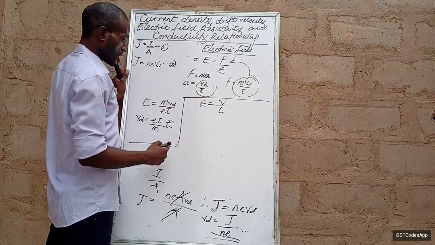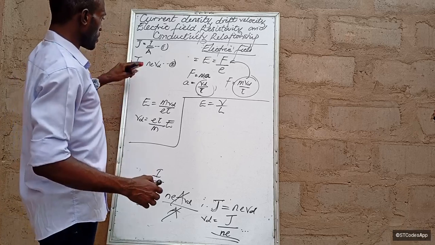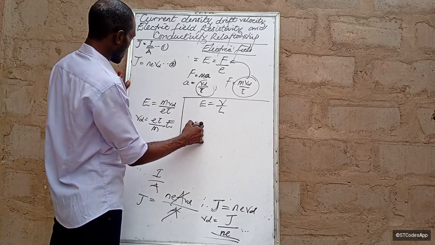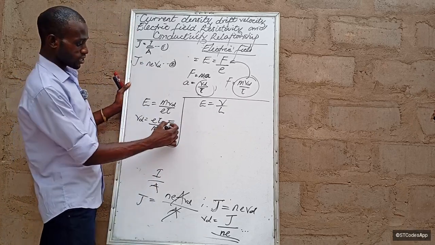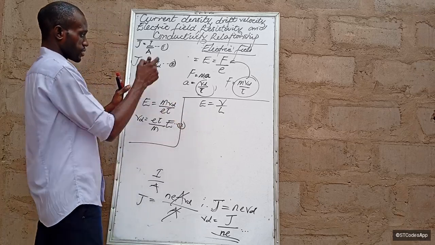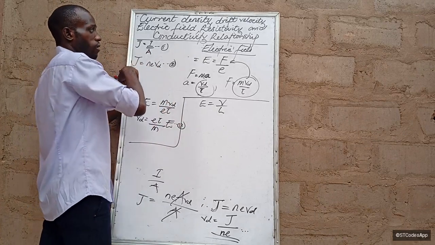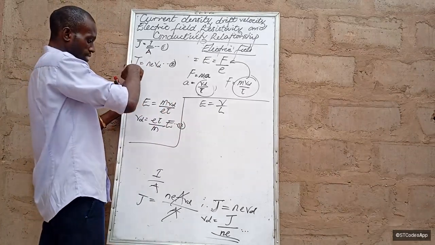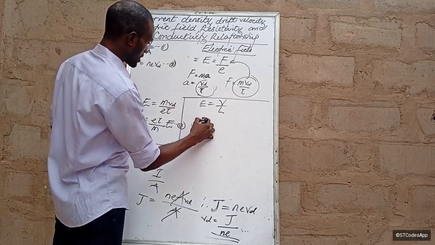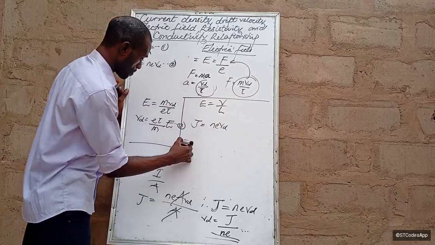So if this is the case, then we already have this, and we can use this equation. Let's call it equation 3. We can substitute it into this equation first. I'm already linking the current density and electric field, because current density is going to be n e v sub d.